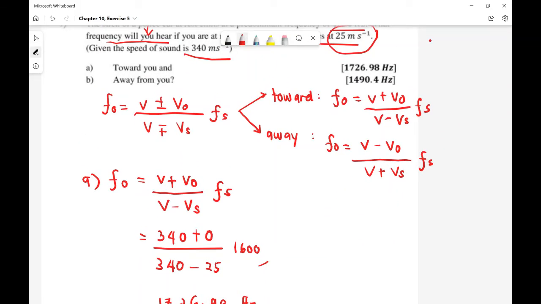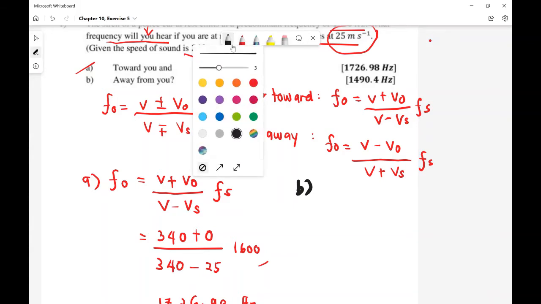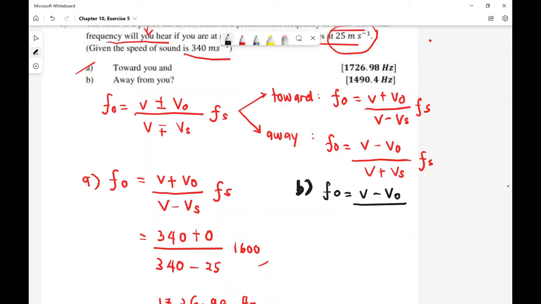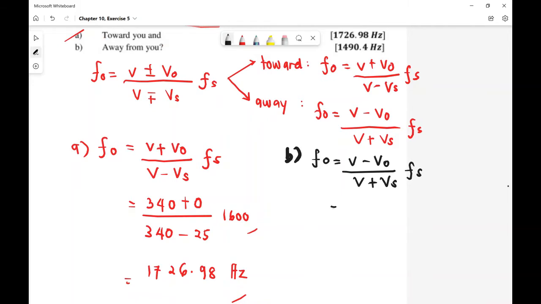Then B, when the police car moves away from you. Move away from you, so you may use equation FO equals V minus VO over V plus VS times Fs. Then substitute all the values.